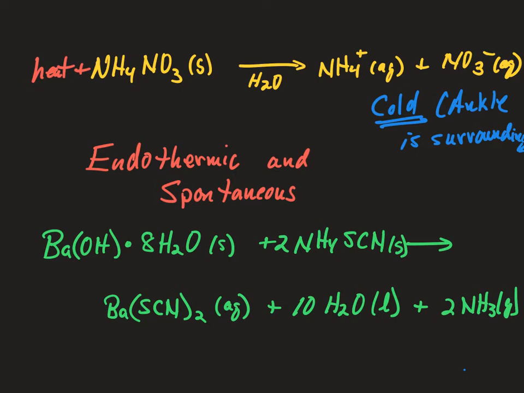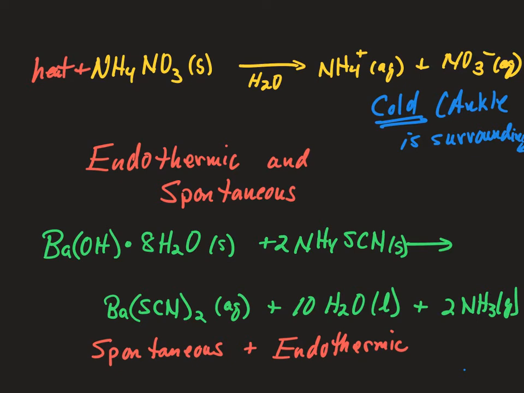Now, this is another process. We mix these together, they immediately liquefy. The reaction is clearly spontaneous. But it also gets cold, so it is also endothermic, right? Because it creates a gradient so that heat flows from the surroundings into the reaction.